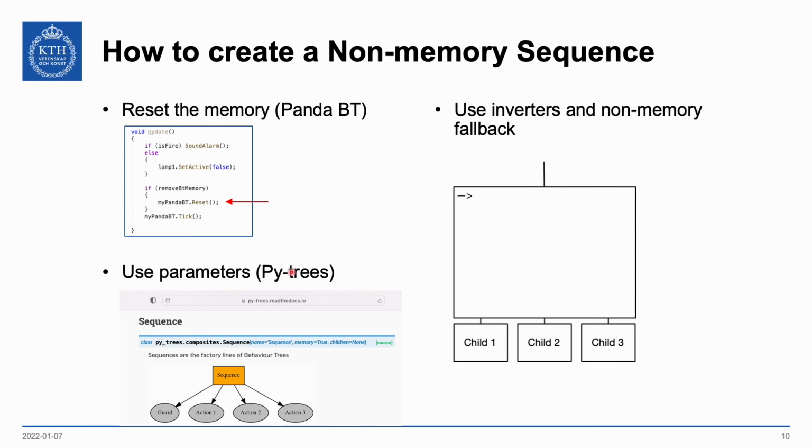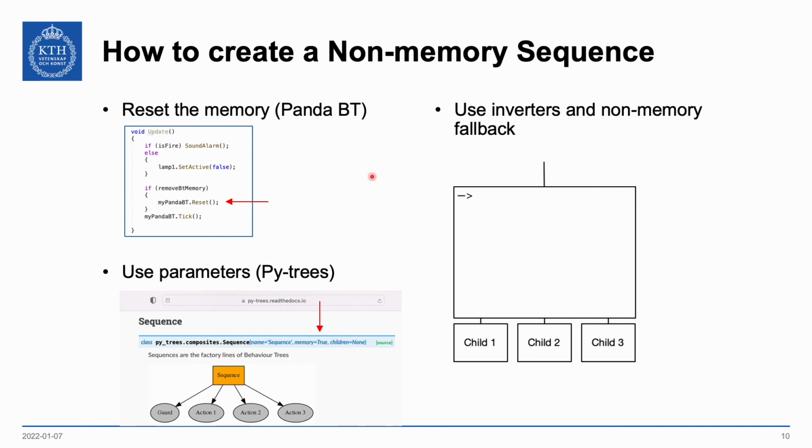If we're using PyTrees, which is another good library, a Python implementation that can be used in many places, then there's a parameter on the sequence node that is defaulted to memory true, but you can set that to false and get a non-memory sequence. Panda BT is very nice, from my point of view, for use in Unity.